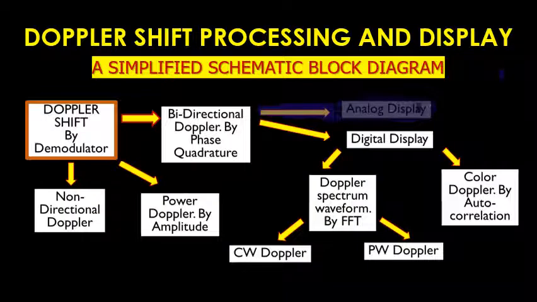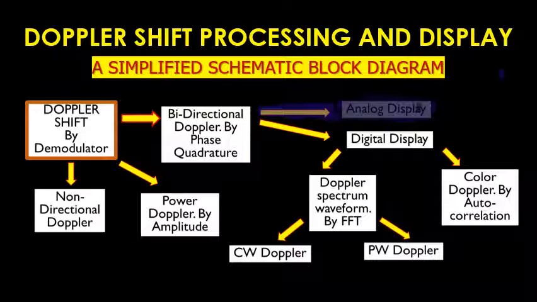So this is the block diagram I suggested to help us follow, understand, and eventually memorize the Doppler applications. It starts in the upper left hand here with the demodulator. The demodulator is subtracting or obtaining the Doppler shift, and then this Doppler shift is delivered to one of these applications.